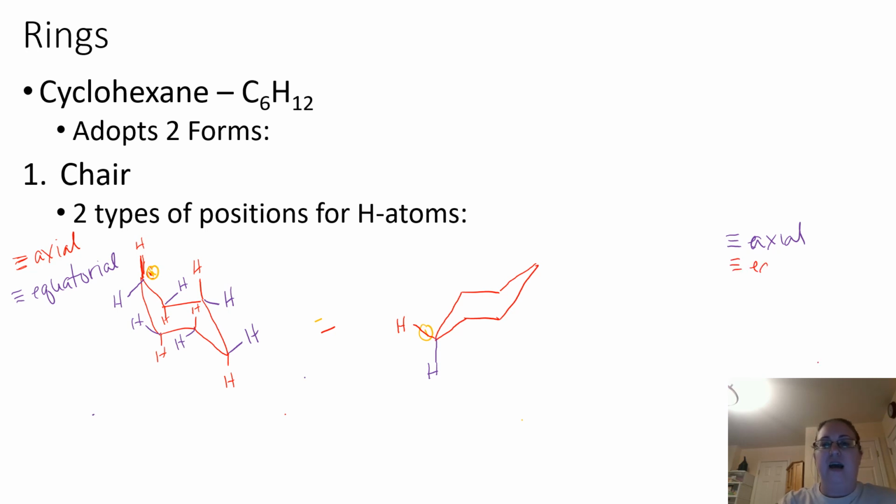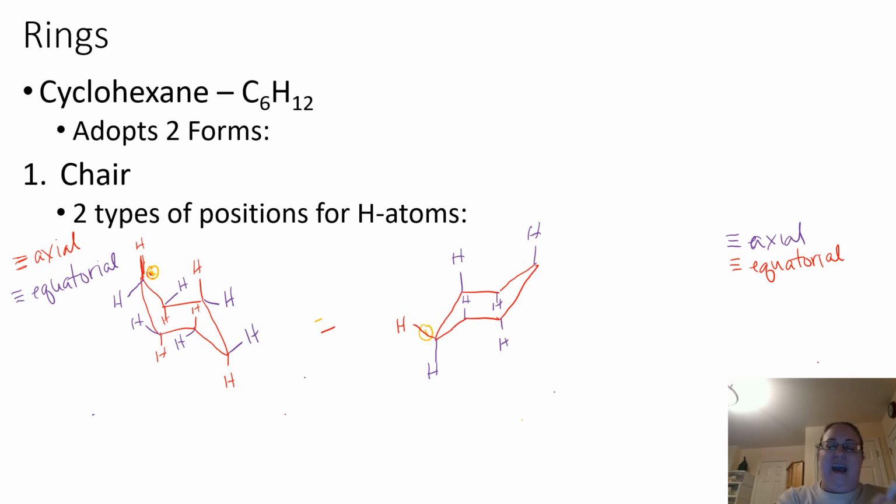On this other side, now my purple becomes the axial position and my red becomes the equatorial position. So we see a change in them. I can continue to walk along with my hydrogens. I have my hydrogen pointing straight down, my next one is going to point straight up, straight down, straight up, straight down, and straight up.